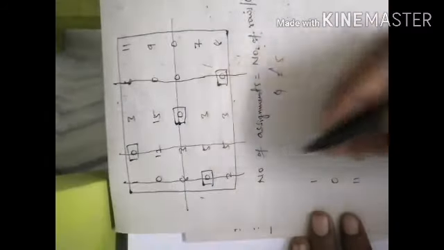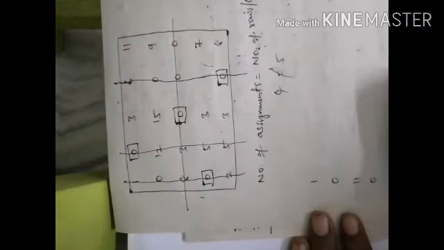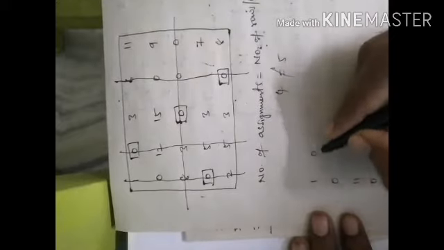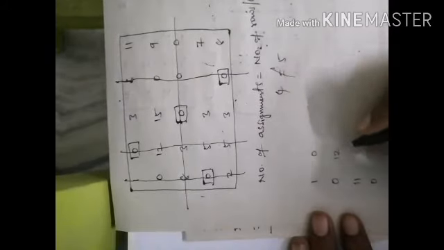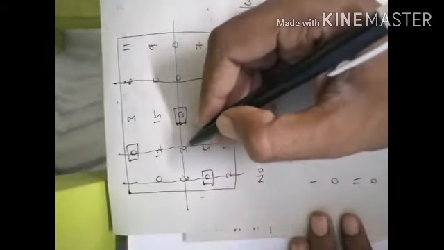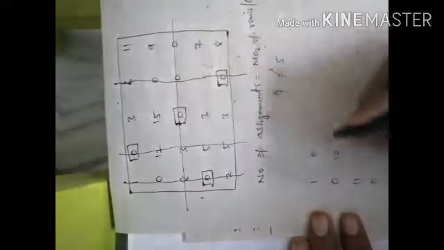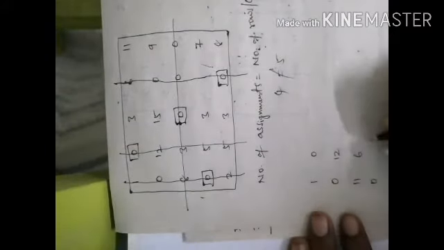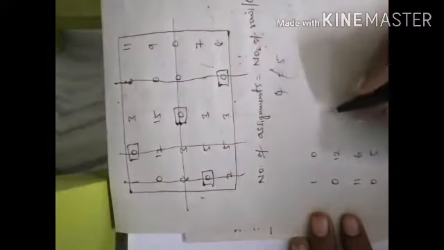So 8 plus 3 is 11, so 0, 2, so 0, 12, 3. Again here an intersecting point is there, so add 3. 3 plus 3 is 6, so 5, 5, right?